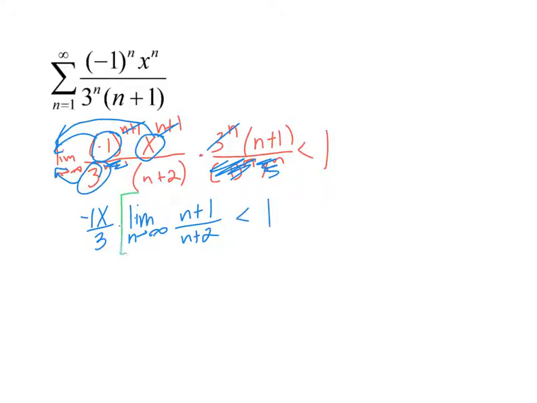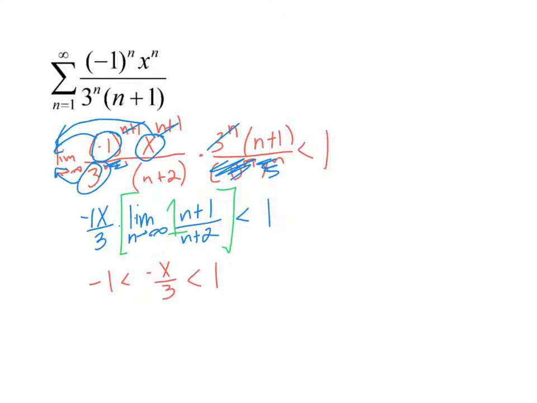So for this limit, you can see we have the same power on top and bottom. So we use the coefficients as we go to infinity, and the limit, of course, is just 1. So we've got -x over 3 less than 1. And remember, we also have to put greater than -1 to incorporate the fact that it could have been an alternating series, and we need to recognize that we also might have some negative x values that will work.